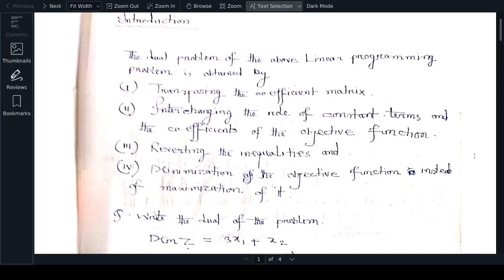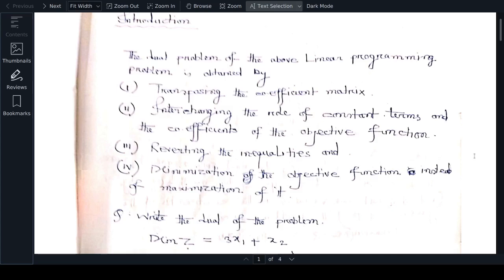Third one is reversing the inequalities. Suppose the greater than or equal to symbol is present in the given problem, then when we write its dual, this will be less than or equal to. If less than or equal to is given, then in the dual this will be greater than or equal to.